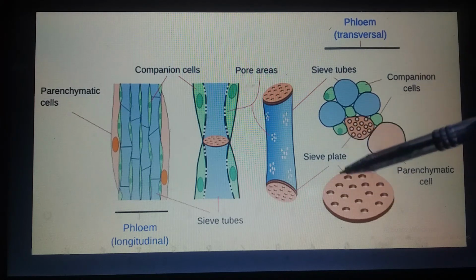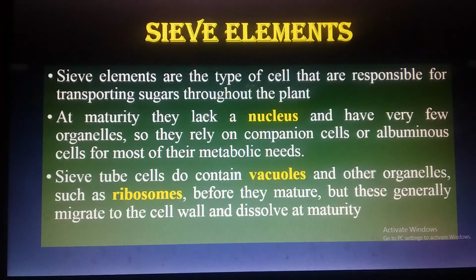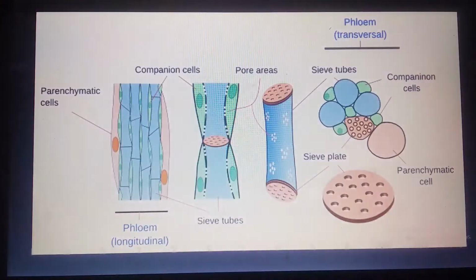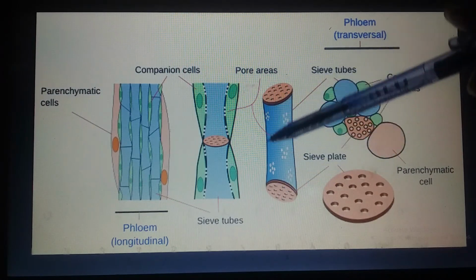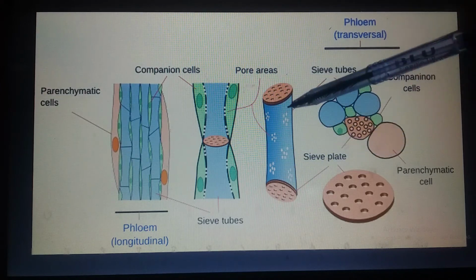That's why the sieve tube is called a sieve tube. So the sieve element has a sieve or porous plate at both ends, and it has a tube-like structure.